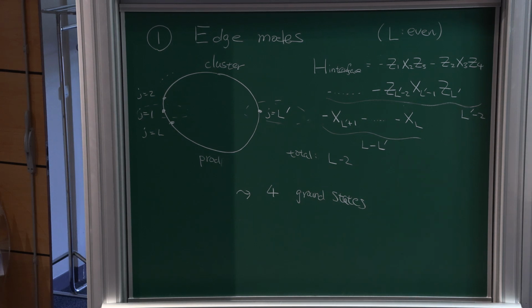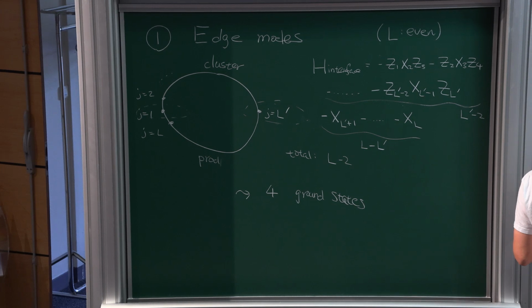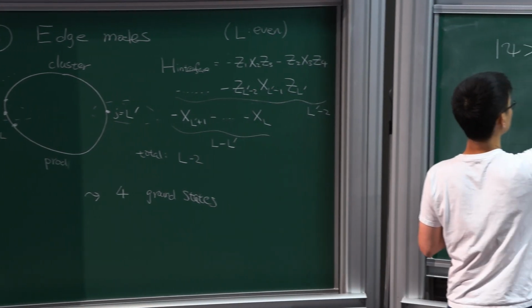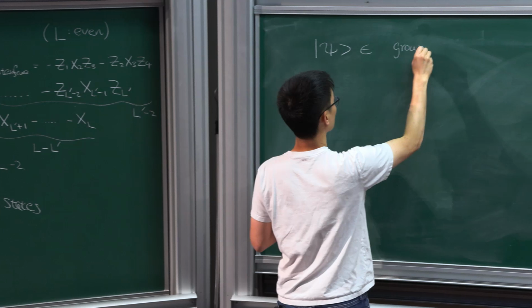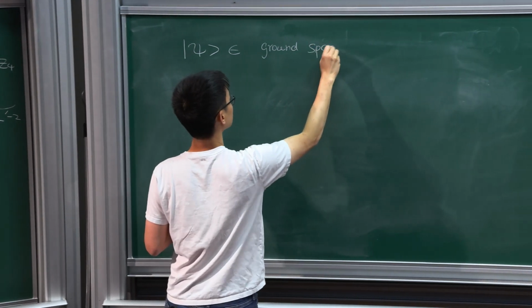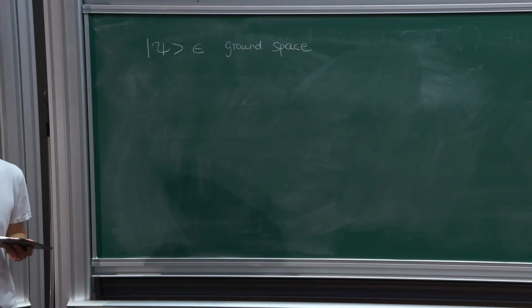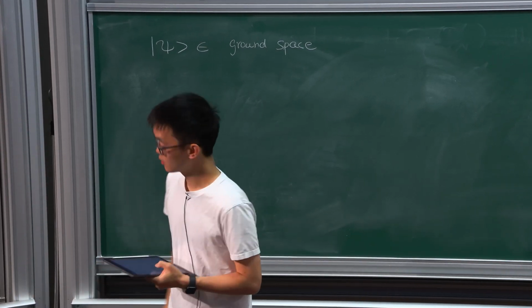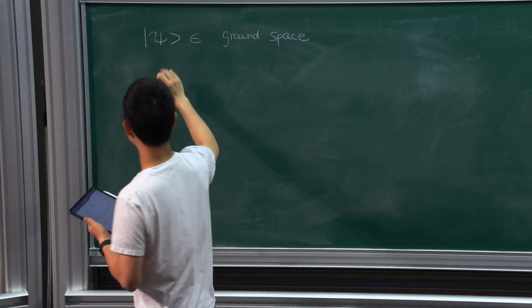Now let's try to understand the 4 ground states in more detail. So let psi be any state in the ground space. So we have a 4-dimensional ground space, and psi can be any vector there. Now, what does psi satisfy?